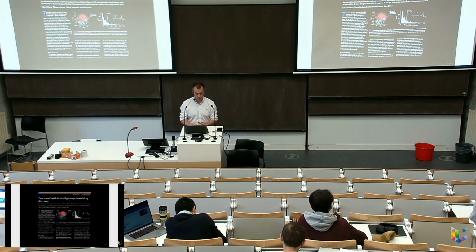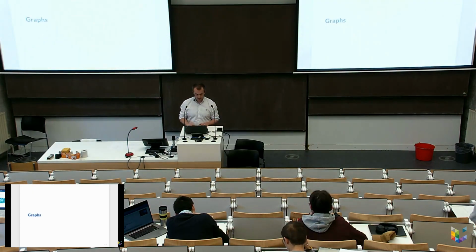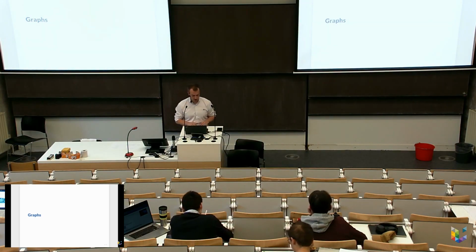You can look at this paper, which uses the same technology, the same graph neural networks, to identify poisons that are really, really potent as well. Okay? So as always with AI, it's, I would say, a double-edged sword. You can do great things, but you can also very quickly do bad things if that's your goal. Okay? All right, so that's it for the motivation.